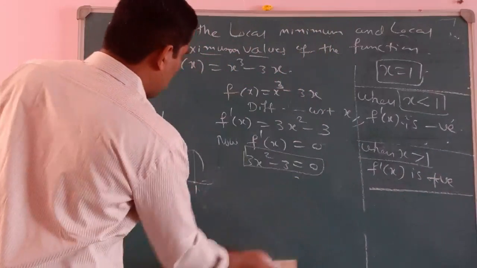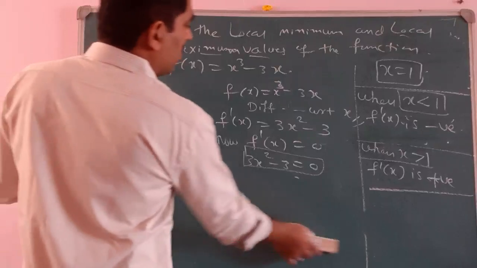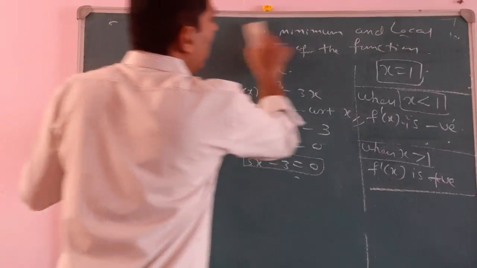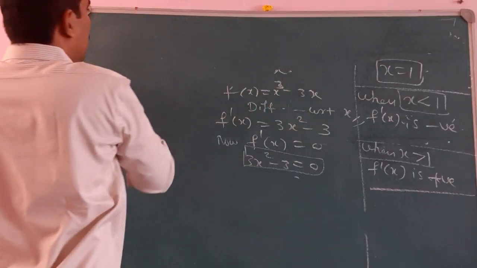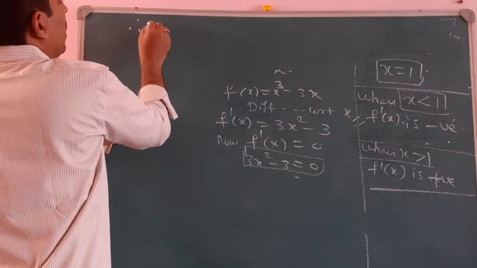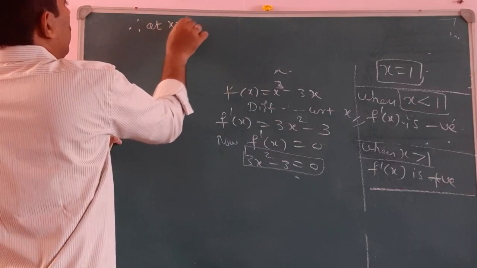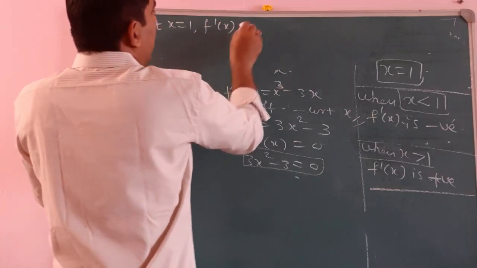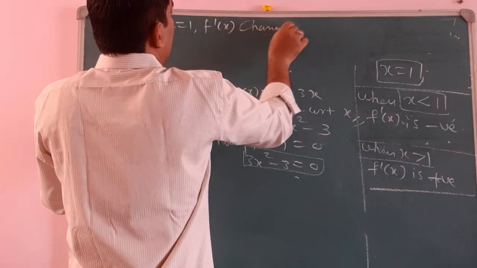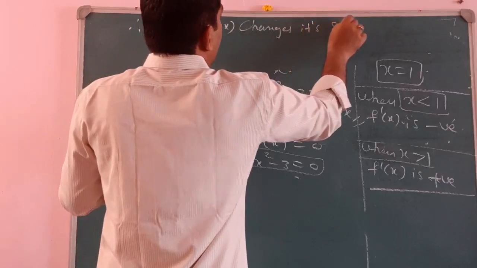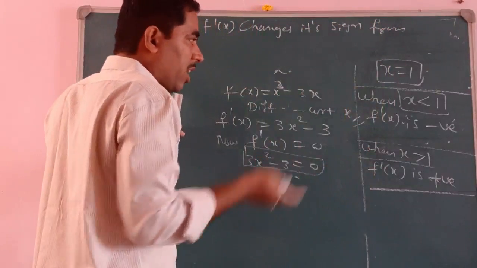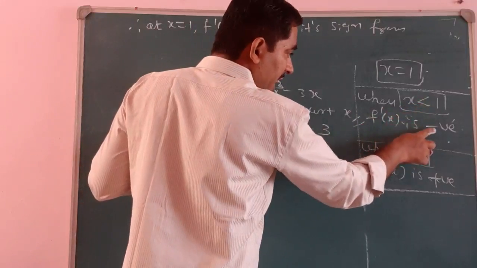So what are our observations here? Therefore, at x is equal to 1, f dash x changes its sign. What happens to the left side of 1? Negative.